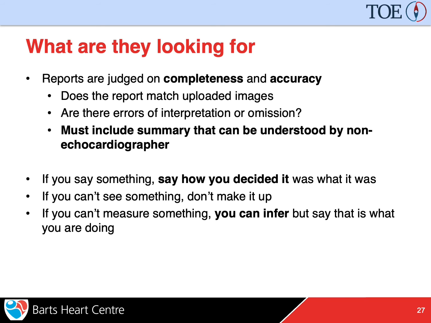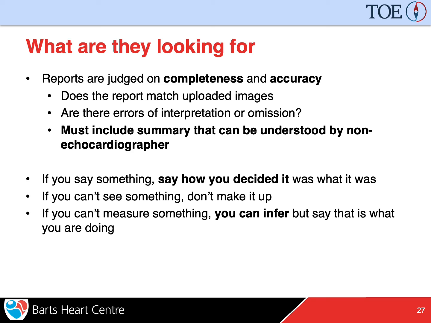The other examples are, for example, ventricular dimensions. So if you say that the ventricular dimensions are dilated, have a measurement in the report, either in the data at the end or as part of that statement, which is backing that up. So the things are congruent.